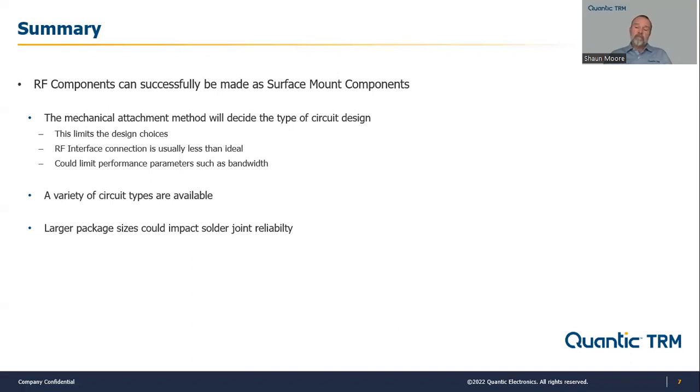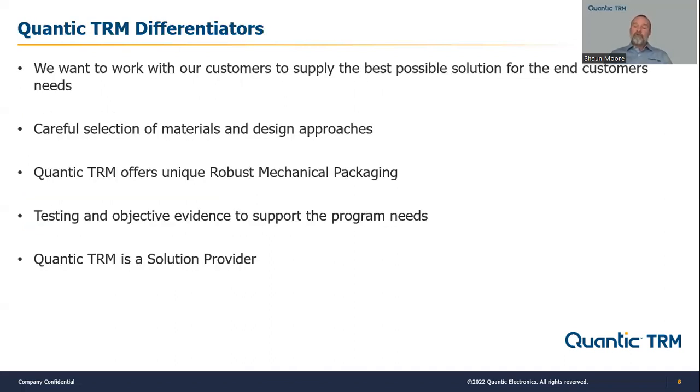Excellent. And what are some of Quantic TRM's differentiators? Sure. So I think the big thing with Quantic is we want to work with our customers to have them have the absolute best solution for their end product and for their customers. We want to go through there and make sure that the products that we build and deliver are really going to be the best ones for the job.